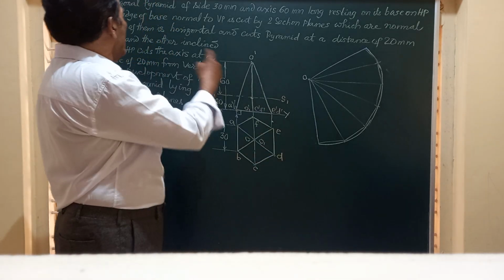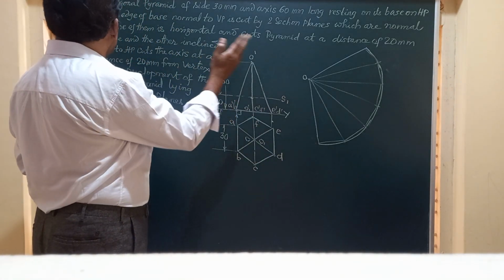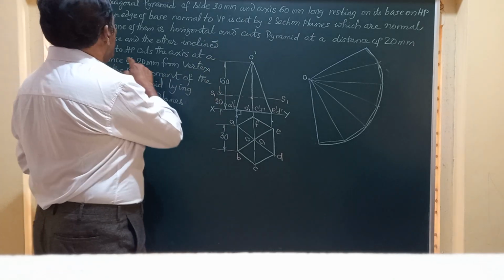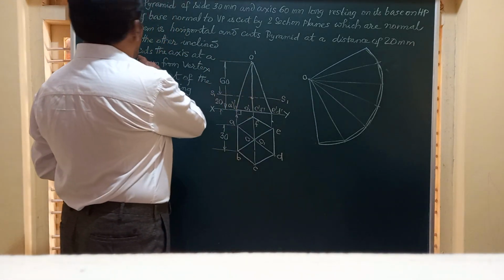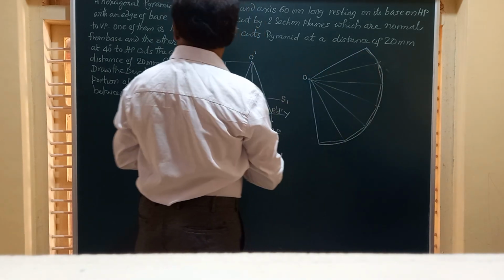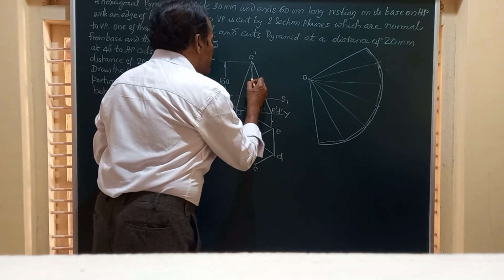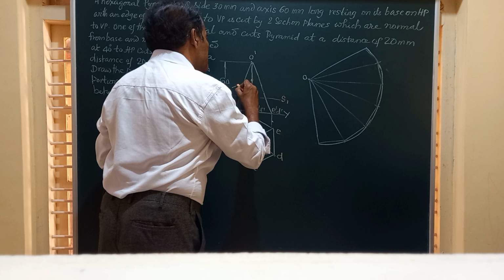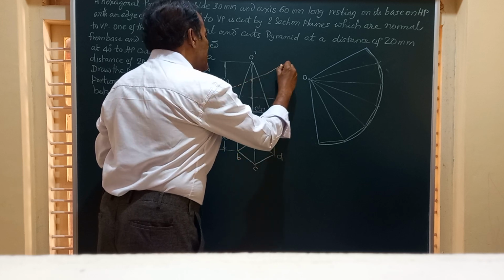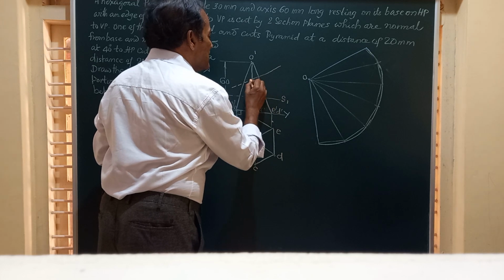Likewise friends, we have the second section plane which is inclined at 40 degree and cuts the axis at a distance of 20 millimeter. So I have to take a point here on the axis and draw a line passing through that, and that line is inclined at an angle of 40 degrees to the horizontal.